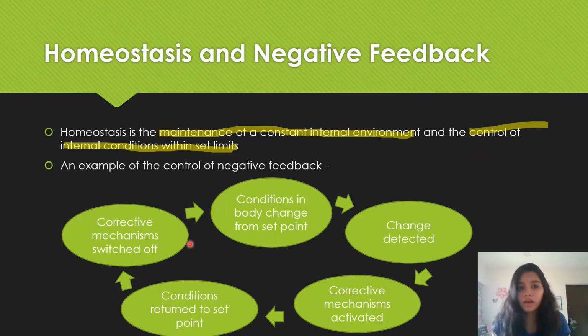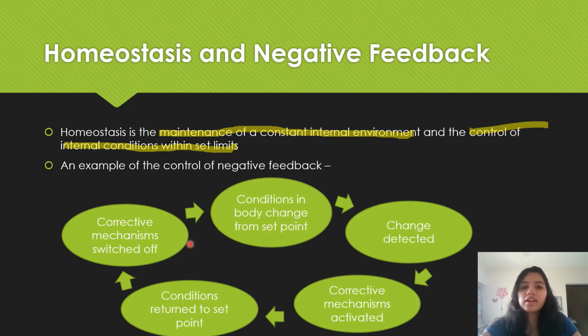Or let's look at body temperature. Your body temperature is usually around 37 degrees Celsius, so let's say between 36 and 38 degrees Celsius. What maintains your body temperature within those set limits? It's the mechanism of homeostasis, and it is controlled by negative feedback.